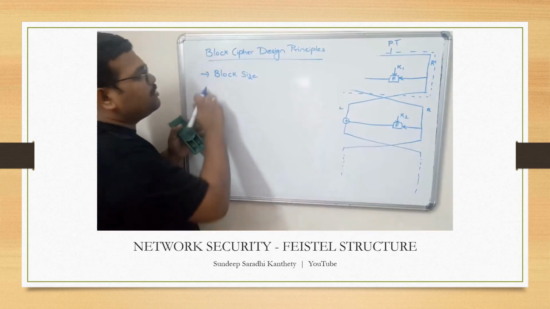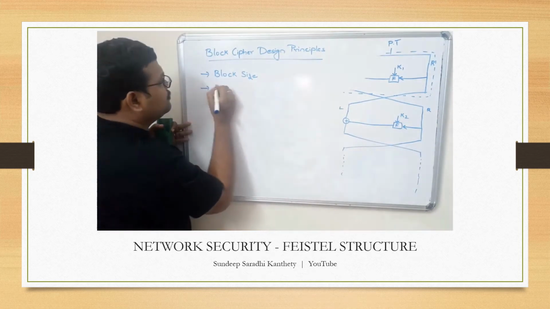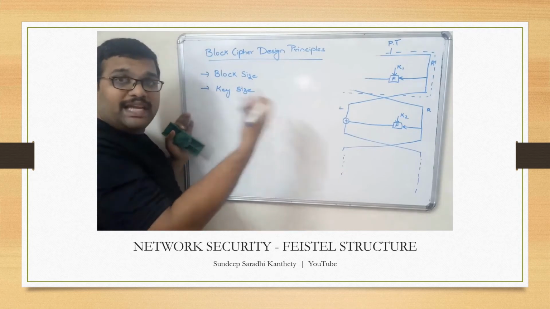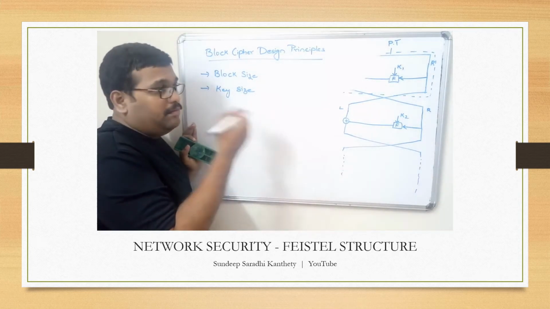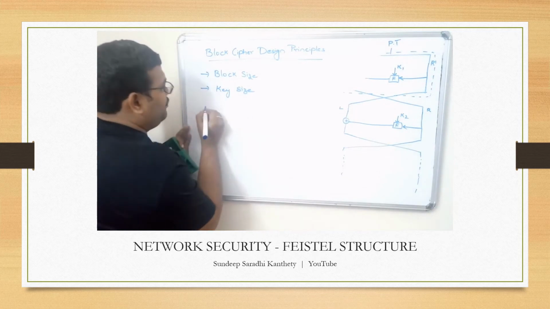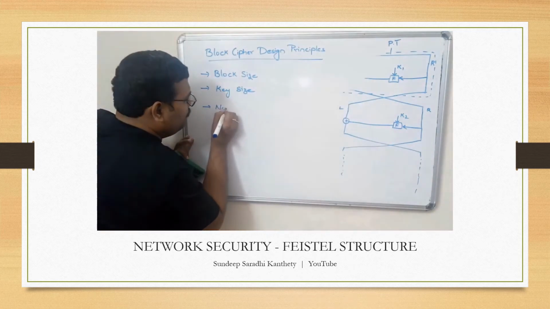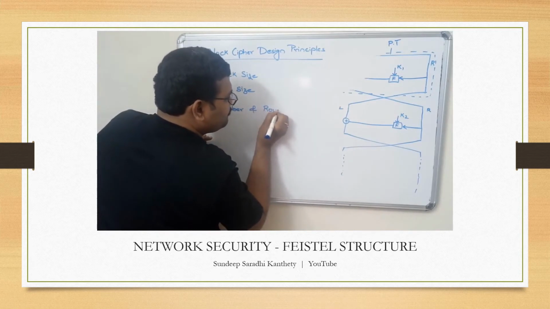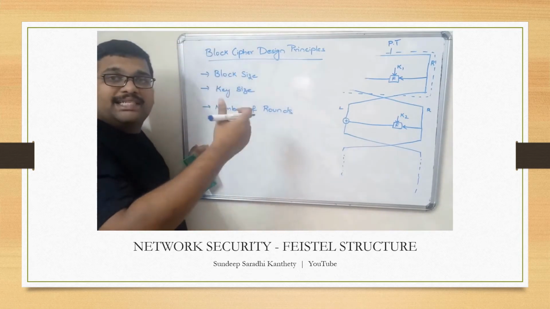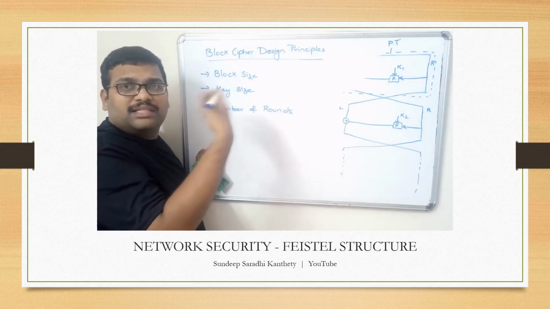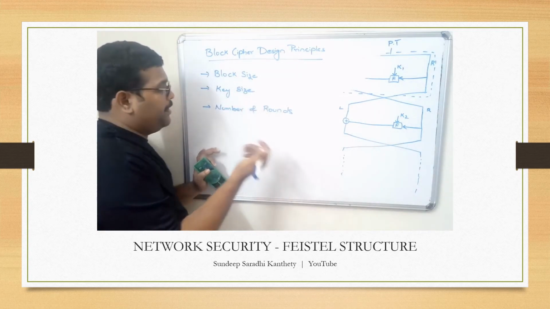So the first one is block size, then key size. We have to use a key from which we generate the subkeys. Next, number of rounds. The plain text is processed to the ciphertext in a number of rounds, and in each round the same process goes on.